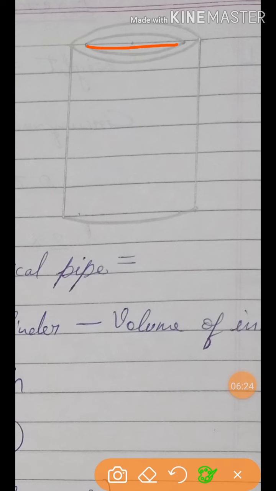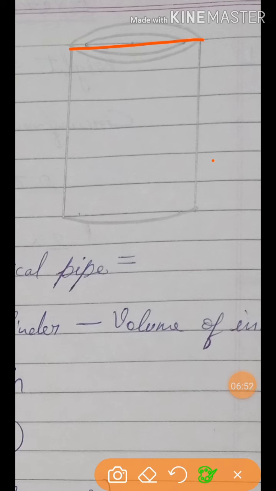So inner radius we are taking as small r, so it will be 24 by 2, it will be 12 centimeter. Now outer diameter is given 28 centimeter, means this. So outer diameter is 28 centimeter, we are taking it as capital D, and outer radius we are taking as capital R, it will be 28 by 2, means 14 centimeter.